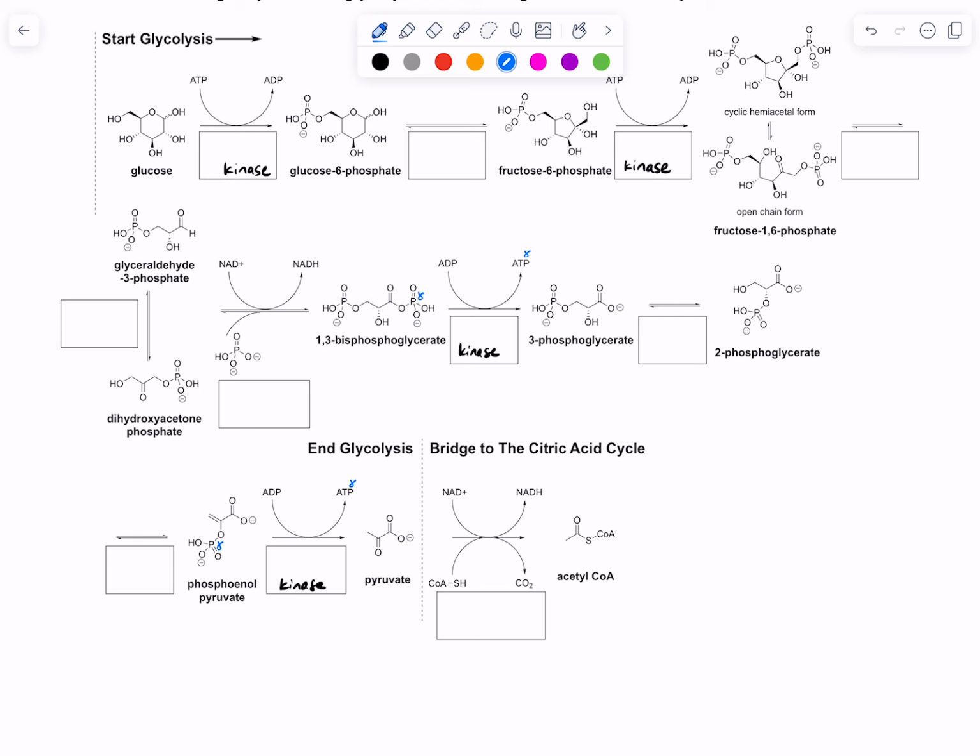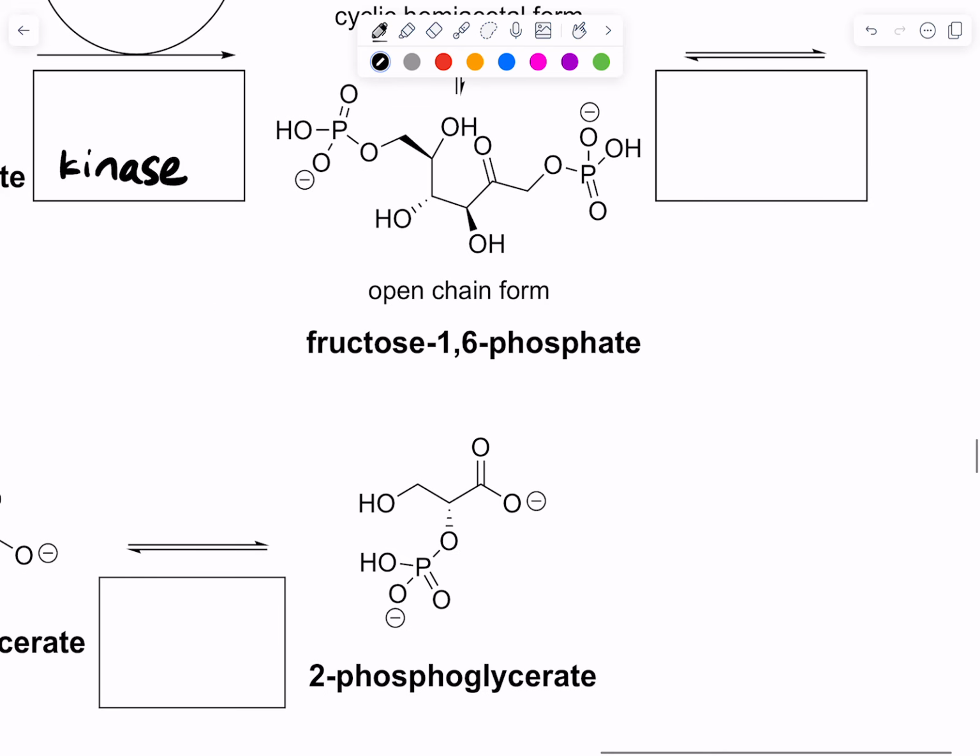Can you remind me what aldolase does? Yeah, aldolase catalyzes the reversible retroaldol reaction, where we split the beta hydroxycarbonyl in fructose 1,6-bisphosphate into dihydroxyacetone phosphate and glyceraldehyde. So aldolase goes there. Now, aldolase is pretty specific.